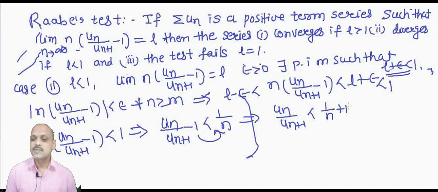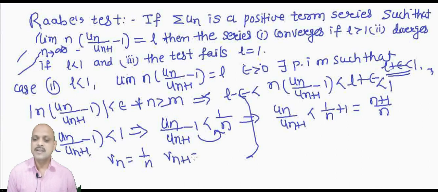So this is equal to n plus 1 divided by n. Now if we take V_n equal to 1 by n, then V_n plus 1 equal to 1 divided by n plus 1, and V_n divided by V_n plus 1 equal to n plus 1 divided by n.